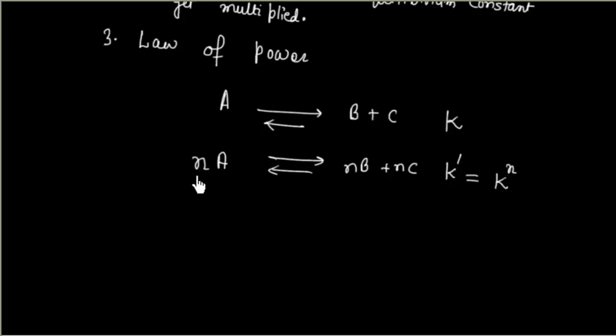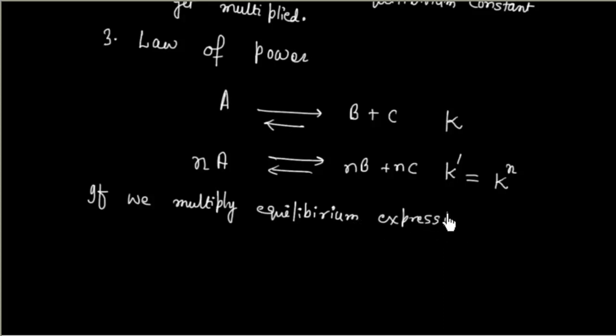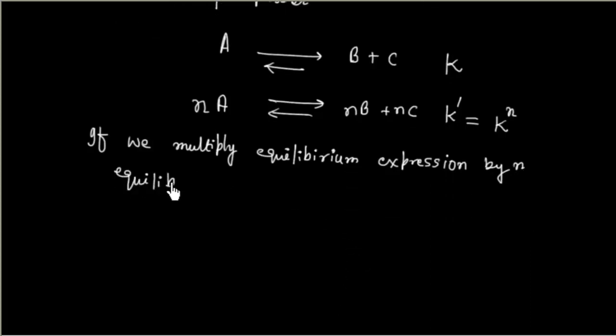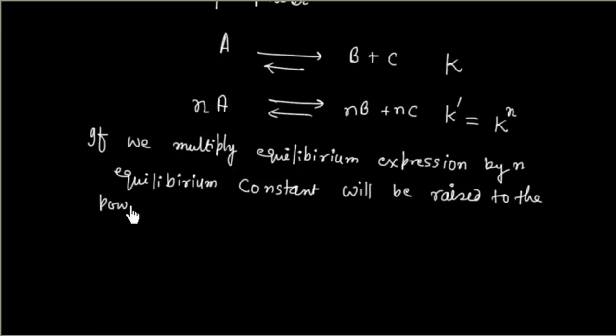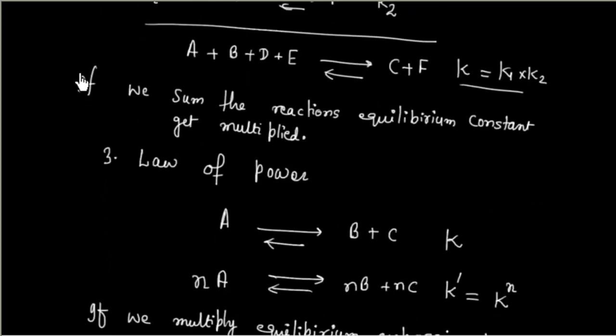That is, if we multiply the equilibrium expression by n, the equilibrium constant will be raised to the power n. Now we'll use these three rules to solve this problem.